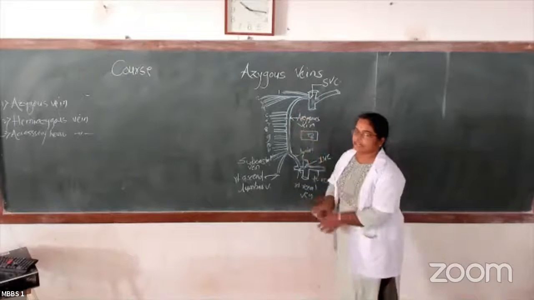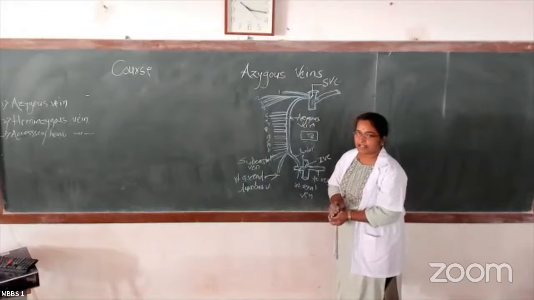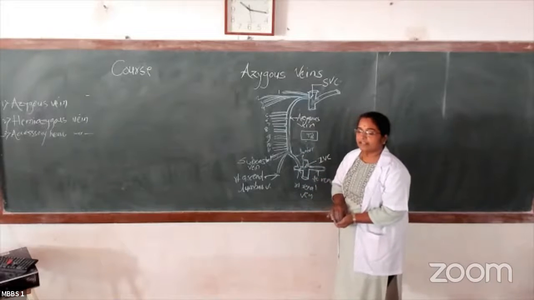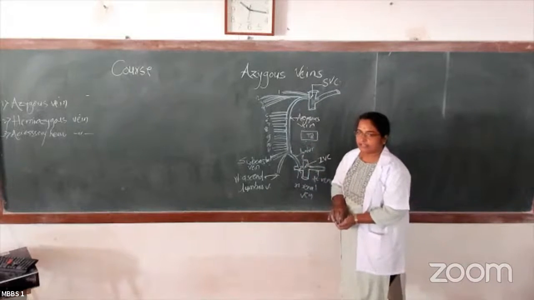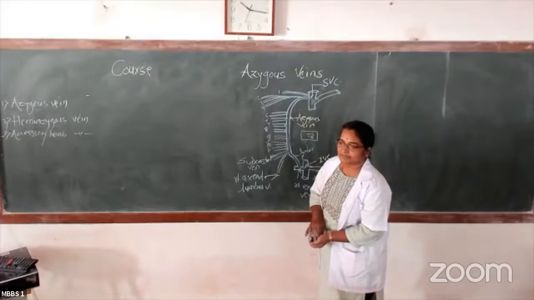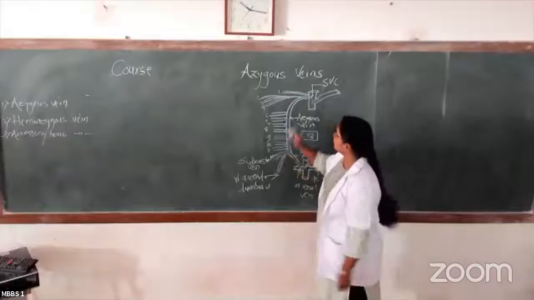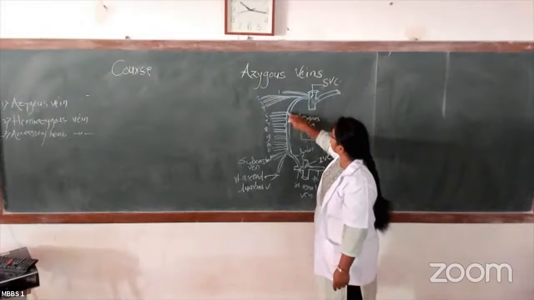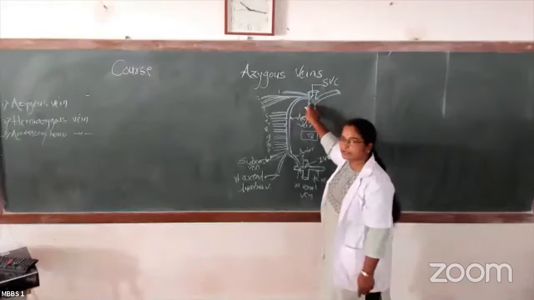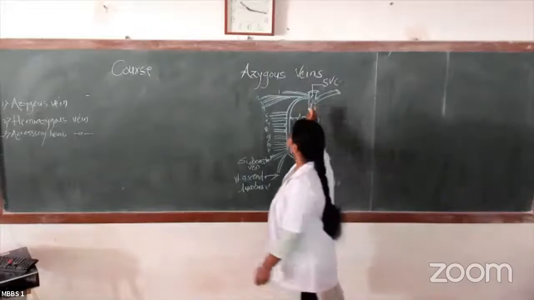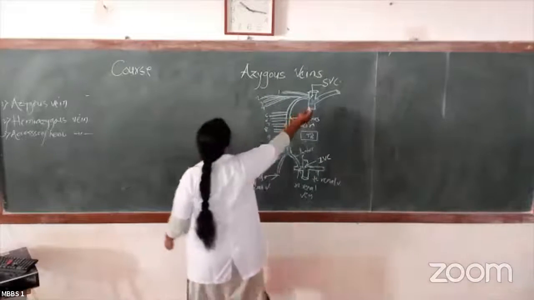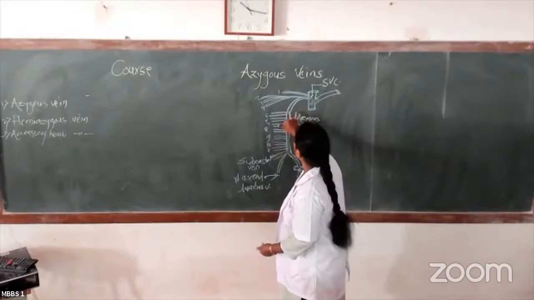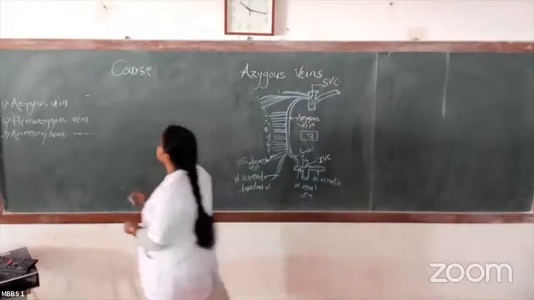There are various events which are present at T4. At the level of T4, we know that there is the sternal angle. So one of the events at the sternal angle is the termination of this azygous vein in the superior vena cava. So it terminates in the superior vena cava at the level of the 4th thoracic vertebra. Now there are again variations of the termination.